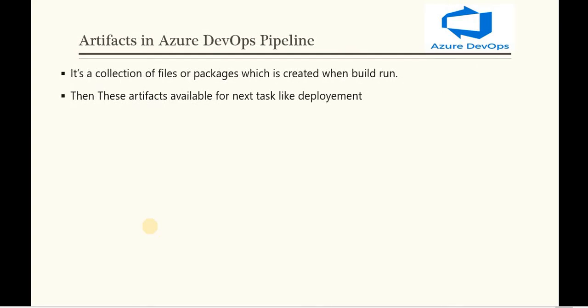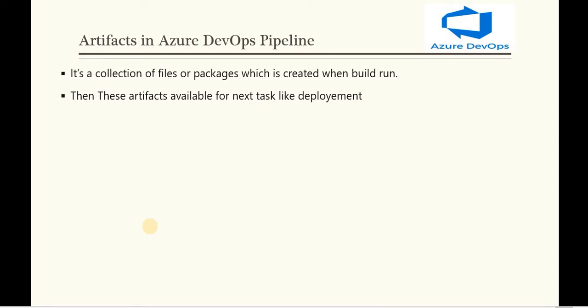Let's understand what an artifact is in the Azure DevOps pipeline. An artifact is basically a collection of files or packages which is created when a build runs. What is the meaning of that? Suppose we are going to deploy our application, and for that application some packages and files are required to deploy it.